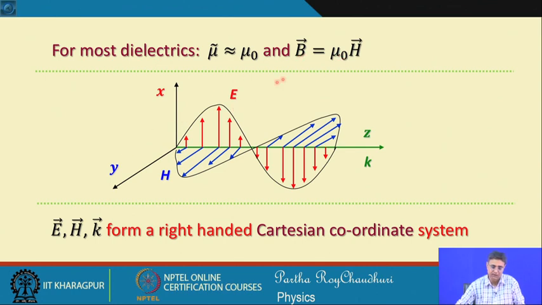In that case as well, for the rest of the formalism we can replace B by H. So, if you orient the electric field along the x direction and H along the y direction, then again the propagation vector will be along the z direction. So, in free space we can see that E, H, k form the triad of vectors, and also E, B and k form the triad of vectors, because B and H are related in the same direction.